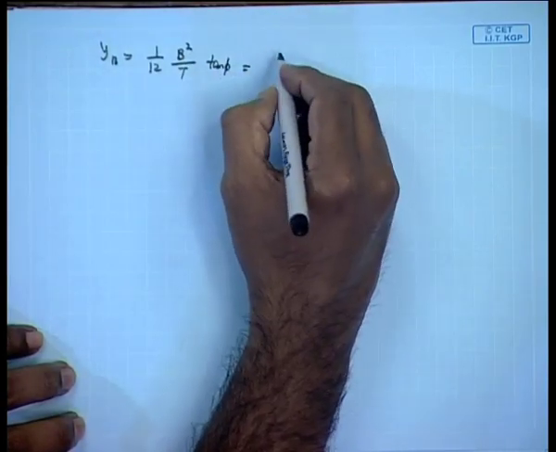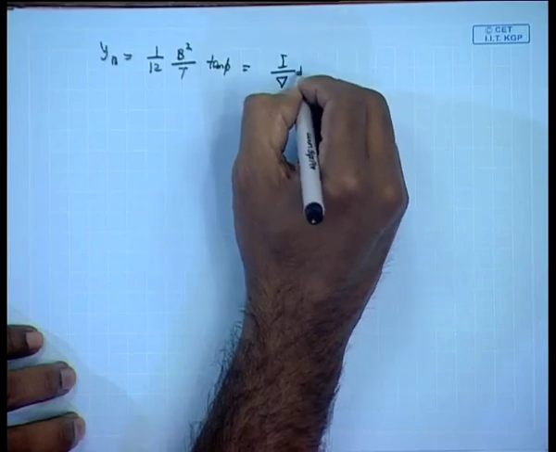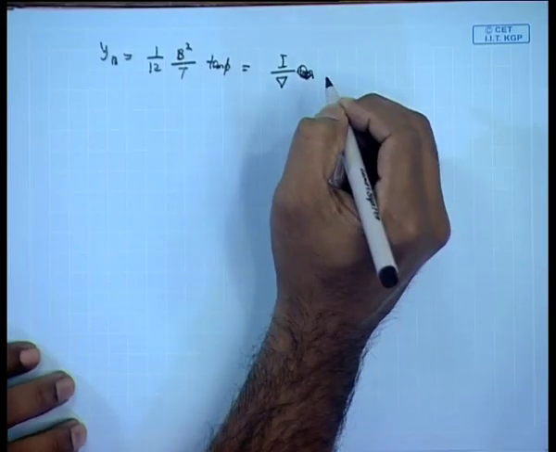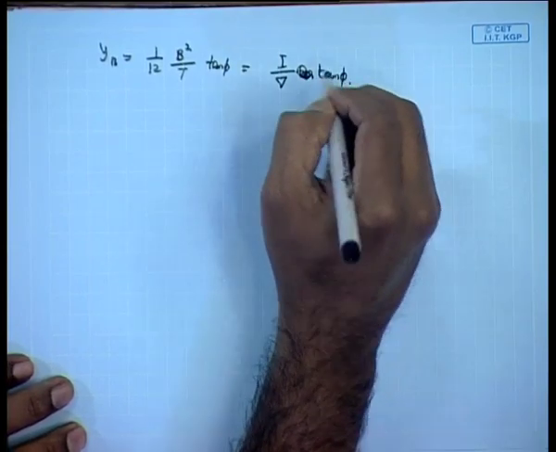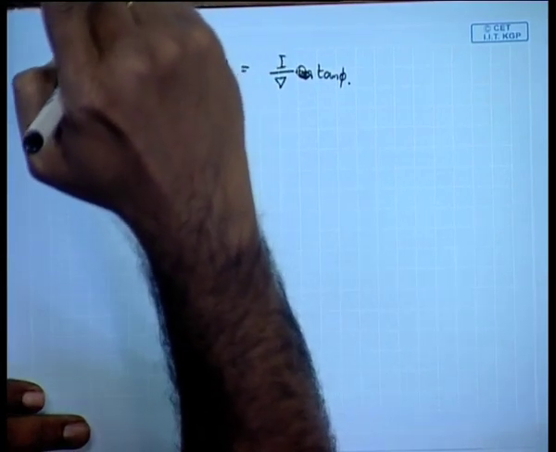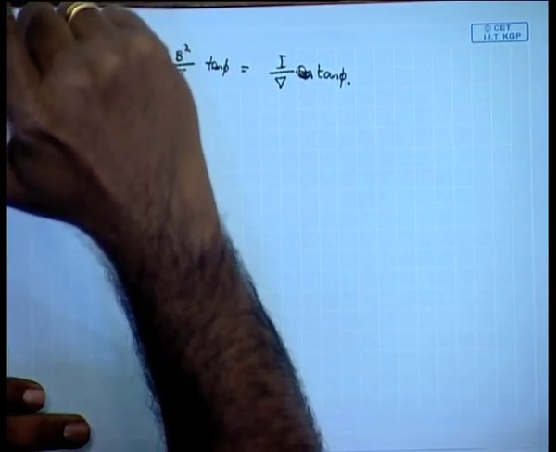This comes from I by del tan phi. Yb is equal to I by del tan phi, that we have seen in some of our previous derivations. Yb, which is the transverse point of the center of buoyancy, is given by I by del. Bm is equal to I by del, and Yb is equal to Bm tan phi. That is how we derived that expression for Bm.